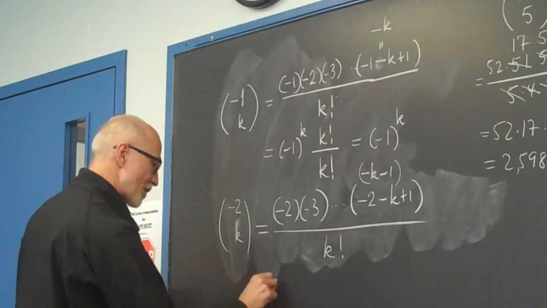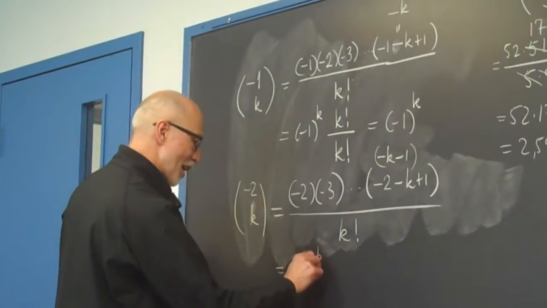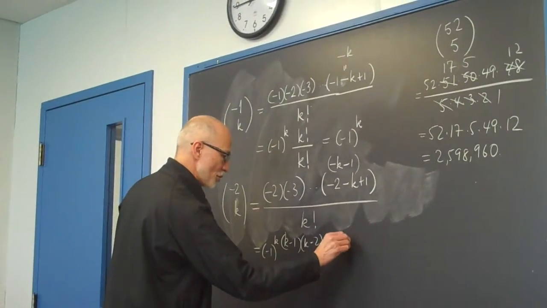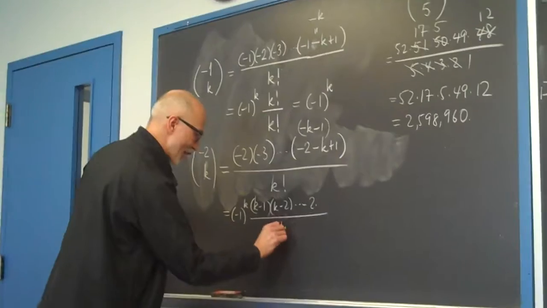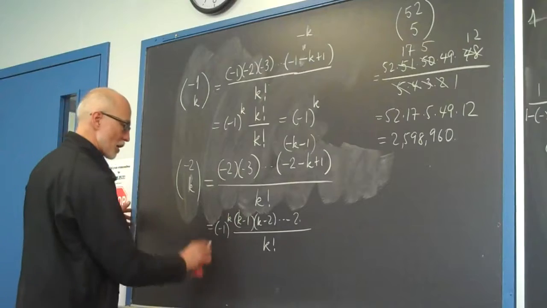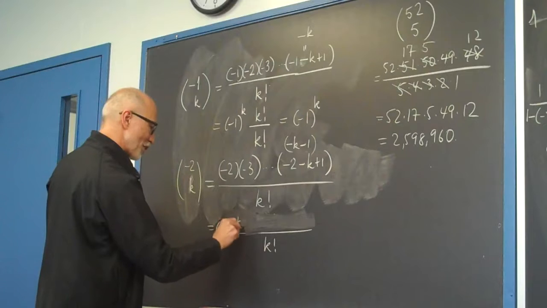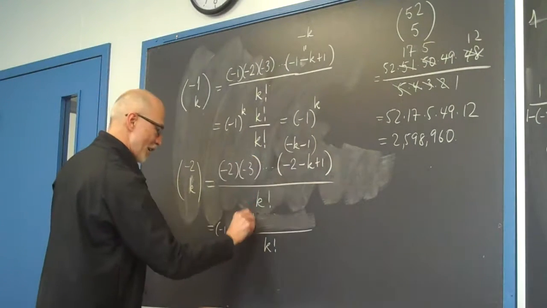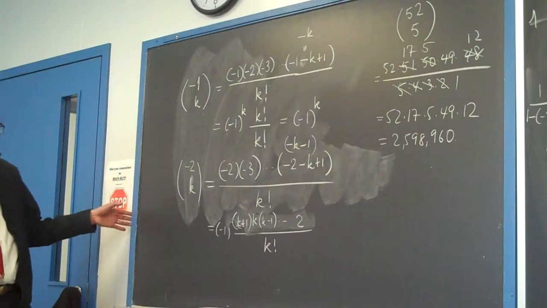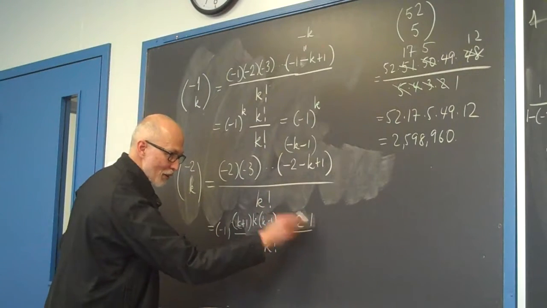And let's see, if I take out the k negative 1s, I end up with k minus 1, k minus 2, 1 down to 2, divided by k factorial. No, I do not. I'm sorry, take that back. I started out with k plus 1, then I have k, then I have k minus 1, 1 down to 2. There we go. And you won't mind if I multiply this by 1, right?